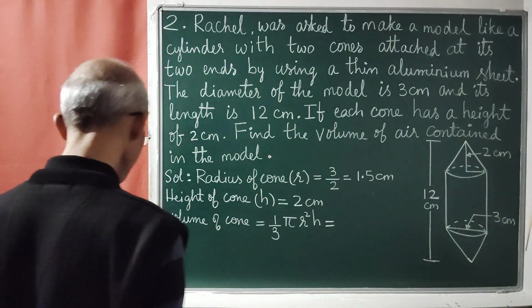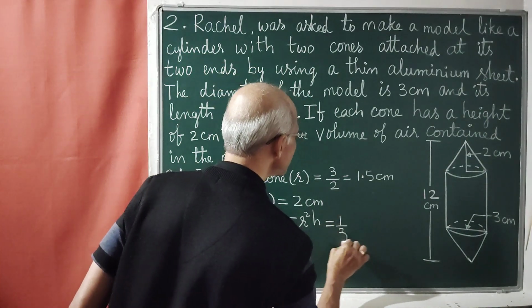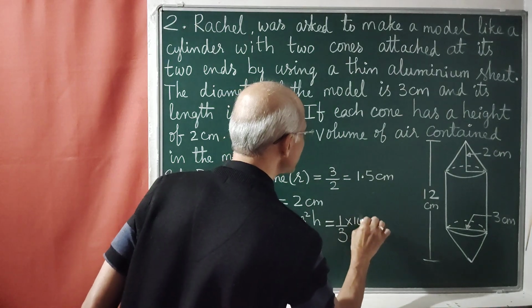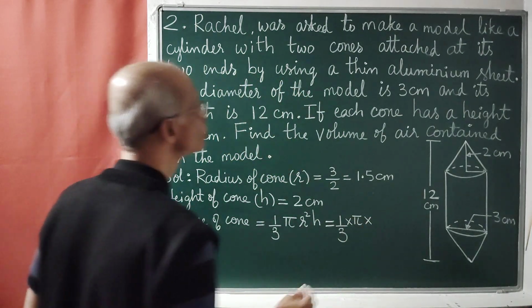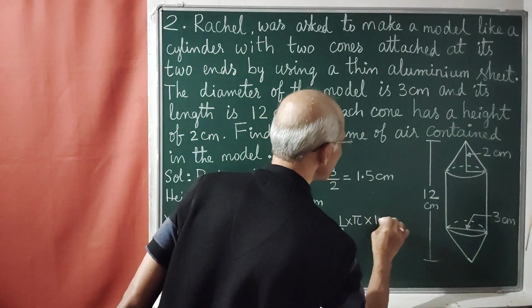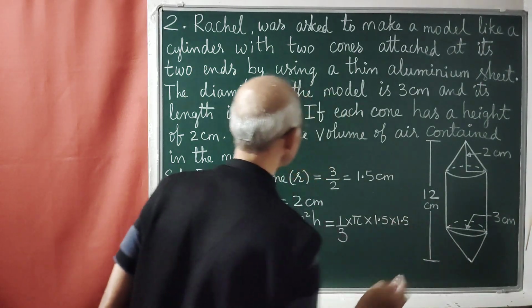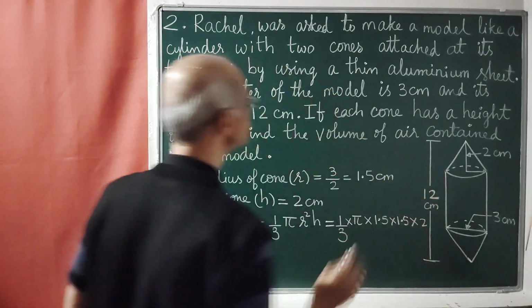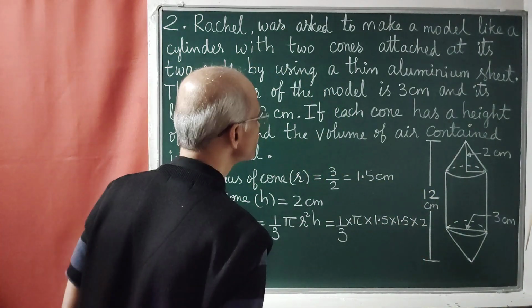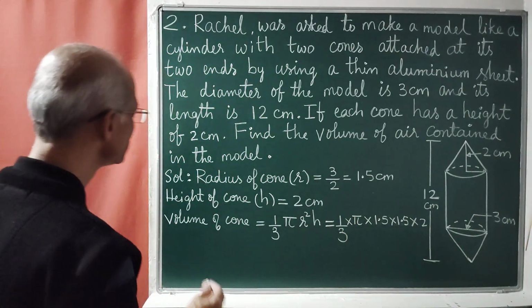Equal to 1 by 3 into pi into r square, r is 1.5, 1.5 into 1.5 into height into 2. For the time being, we'll keep the pi as pi only. We'll put the value at the end.